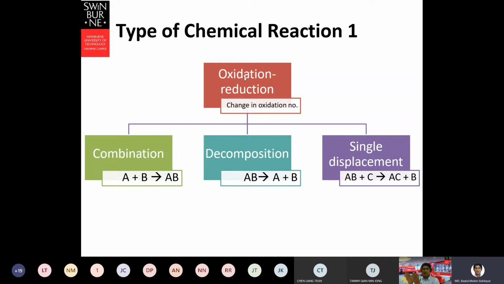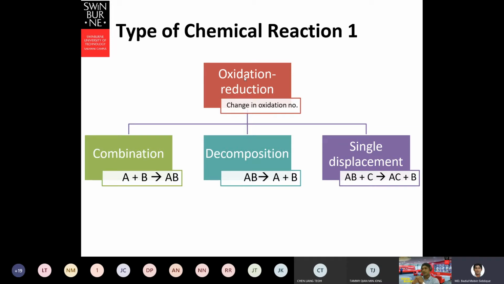The combination reaction is one product formed from many reactants. Decomposition reaction is from one type of chemical, many types of products are going to be formed. Single displacement reaction. Like here, AB and C are shown as reactants.